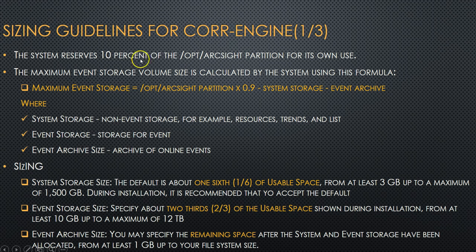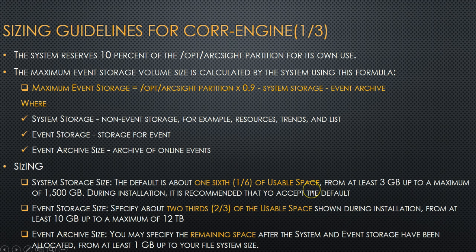The system reserves 10% of this partition for its own use, so this remaining 90% is the usable space. You can say that the /opt/arcsight partition multiplied by 0.9 is the usable space, and we'll have this written in the next slide.